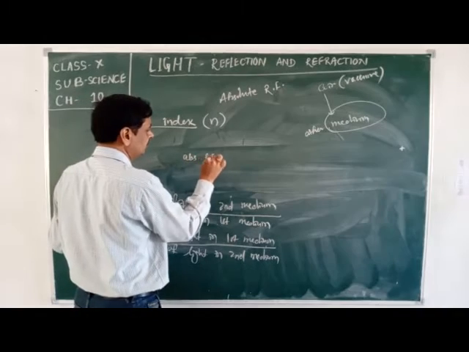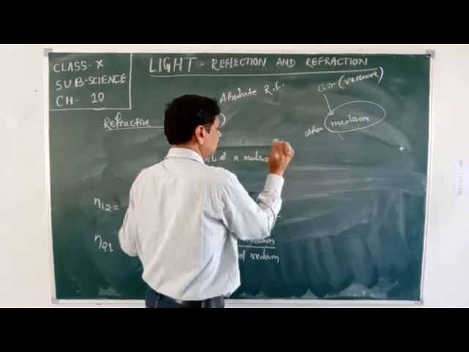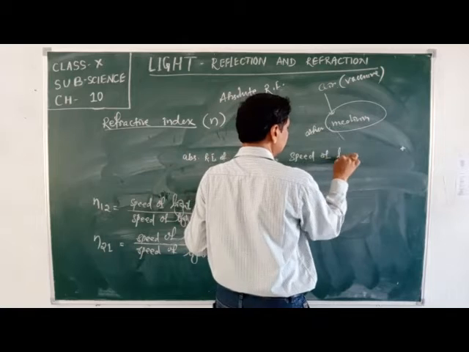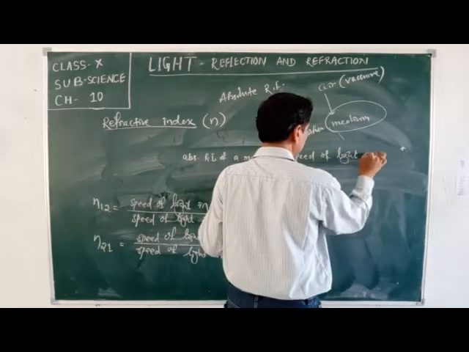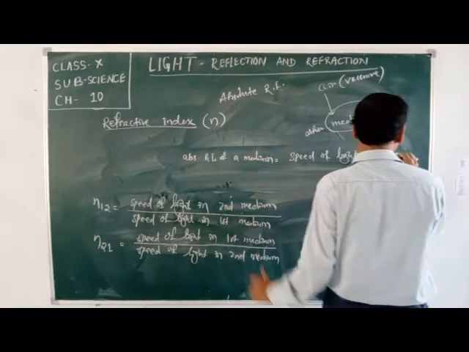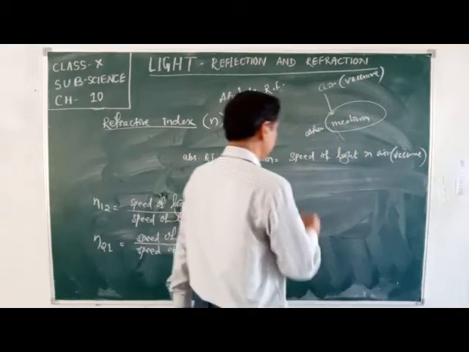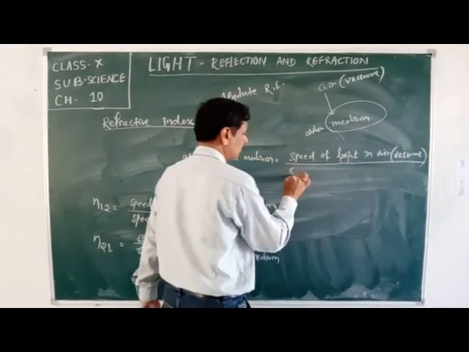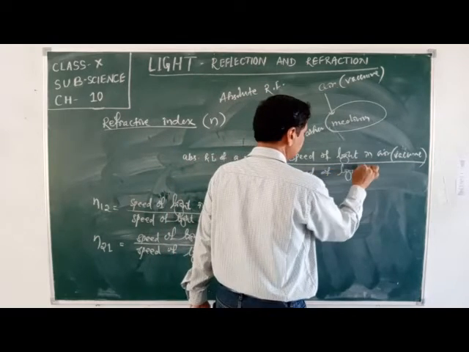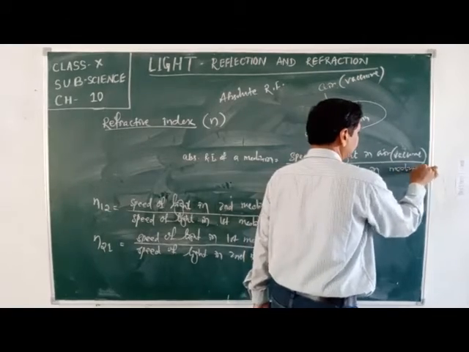Absolute refractive index of a medium is the speed of light in air or vacuum by the speed of light in that medium.